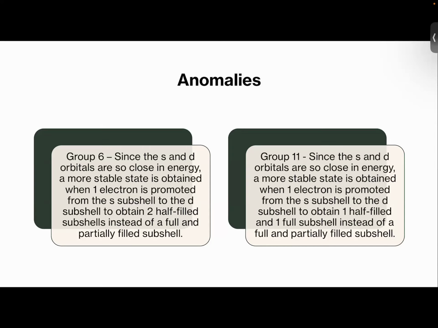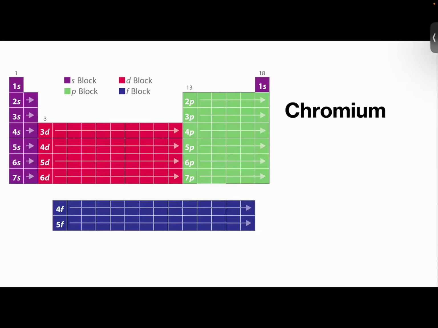So let's look at an example. If I were to write out the noble gas configuration of chromium per normal, I would get argon 4s2, 3d4. But by allowing the 4s electron to be promoted into the 3d, I wind up with two half-filled subshells.